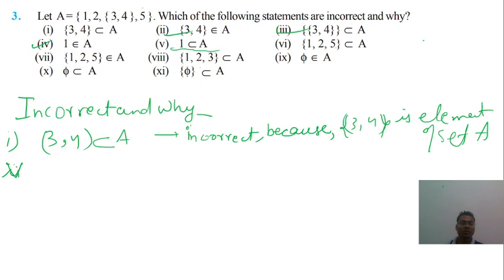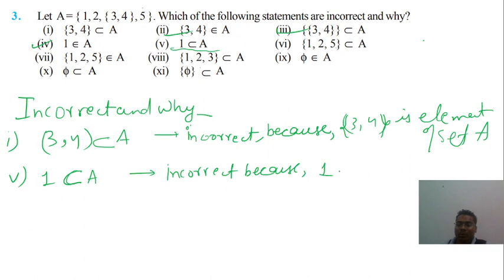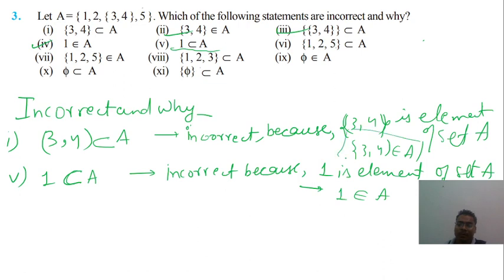So coming to part number five, it says 1 is a subset of A. Incorrect, because 1 is an element of set A, and if 1 is an element, we can only write 1 belongs to A. We can only write {3, 4} belongs to A. If something is an element of another set, then we can only write it like this.